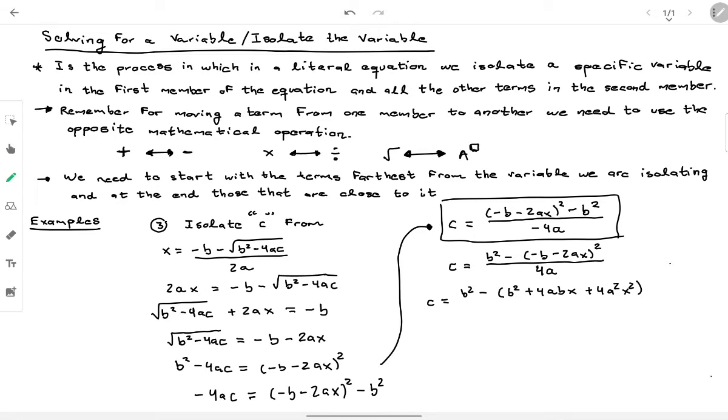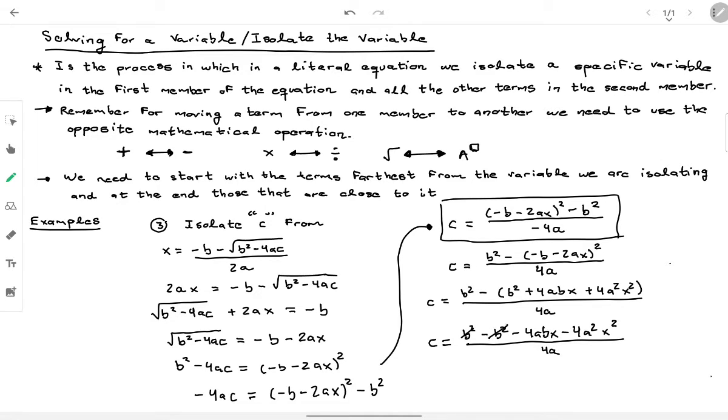So it's going to be something like this, all divided over 4A. So what will happen again? It's going to be C equals B squared minus B squared minus 4ABX minus 4A squared X squared, all of it divided over 4A.